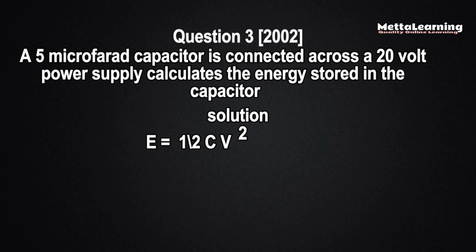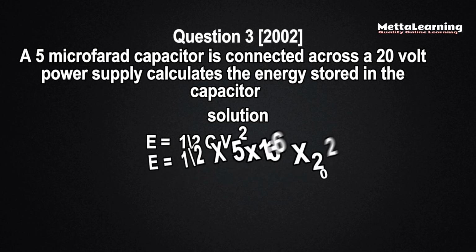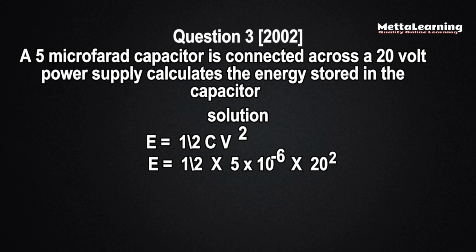So we have energy equals half times capacitance times the voltage squared. From our question, we're given a capacitor of 5 microfarad and a voltage of 20 volts. So we can convert 5 microfarads to 5 times 10 to the power minus 6 farads. By plugging this into our formula, we have energy equals half times 5 times 10 raised to the power minus 6 times 20 squared.